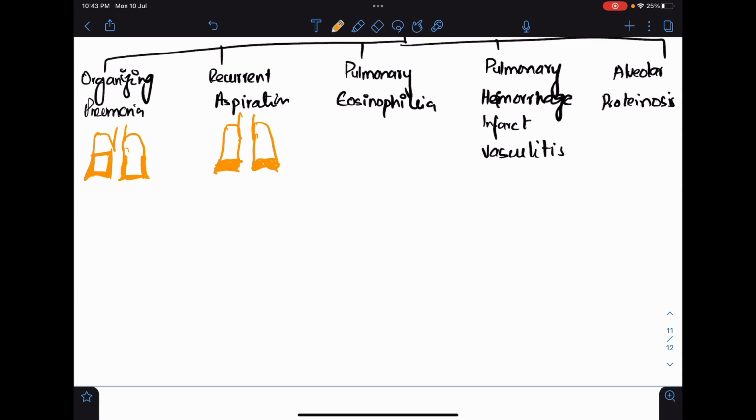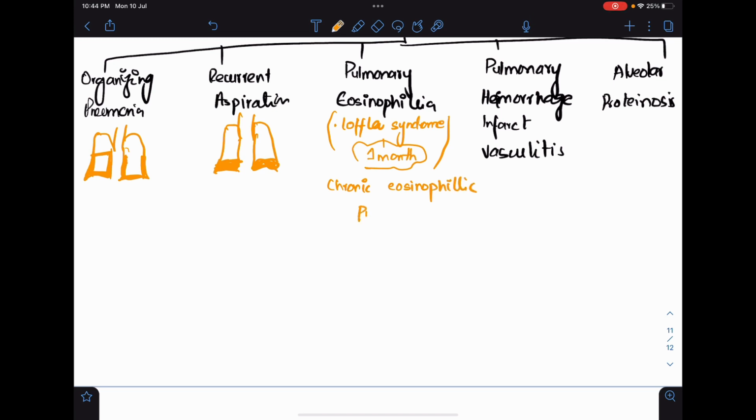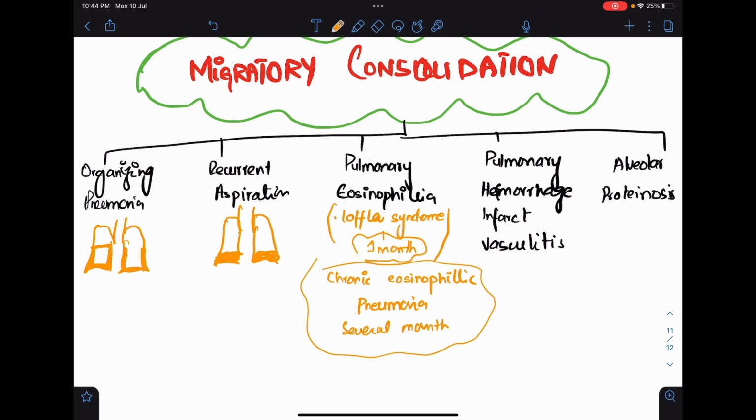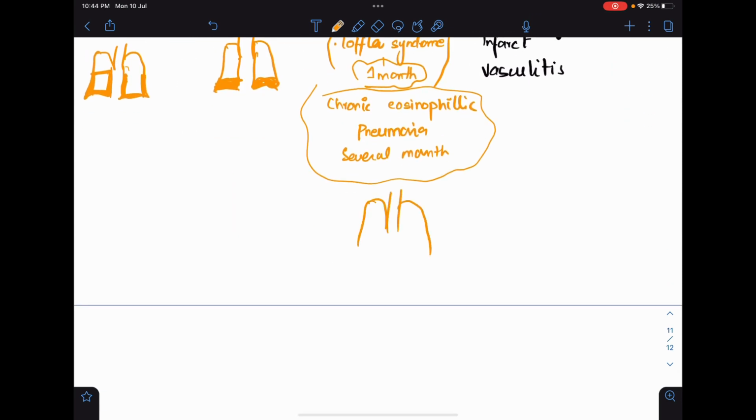Pulmonary eosinophilia can be simple pulmonary eosinophilia, which involves Loeffler syndrome that resolves spontaneously within 1 month, or chronic eosinophilic pneumonia that persists for several months, and they involve upper zone distribution. Upper zones are involved.